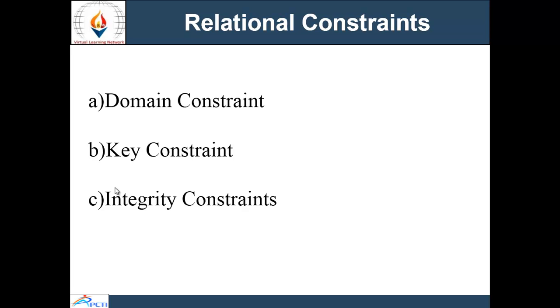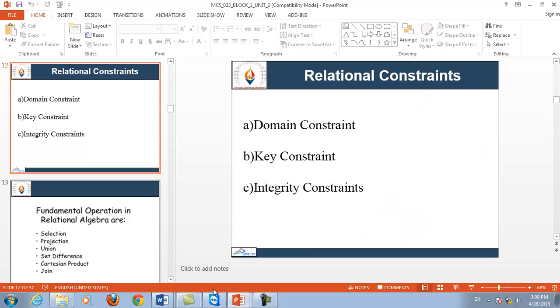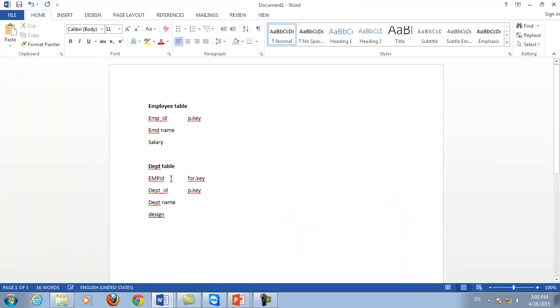For example, if we take two tables, that is employee table and department table, the department table contains the foreign key which joins the employee table and department table. Then the foreign key, that is EMP ID, can take the values from the EMP ID of the employee table.